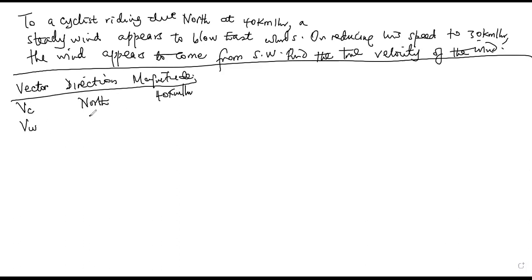Velocity of wind, we don't know it. We don't know its magnitude. They say the wind appears to blow eastwards. So that is the velocity of the wind relative to the cyclist, appearing to blow eastwards. At which speed? We don't know it.